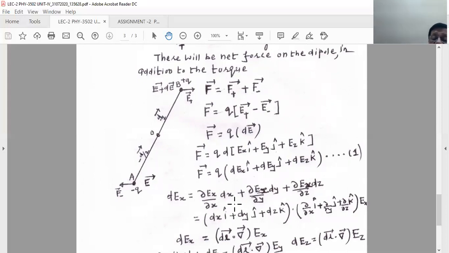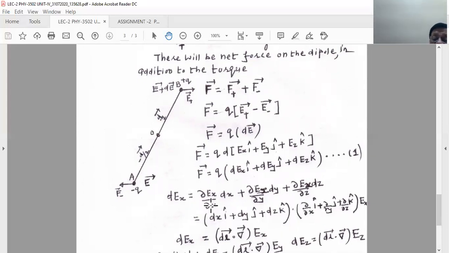You can see this is basically a scalar product of these two vectors. Which is the scalar product of two vectors? I can write down dx i plus dy j plus dz k dot del by del x vector i, del by del y vector j plus del by del z. You can see here i dot i is 1. So it is giving you dx del by del x operating on Ex.